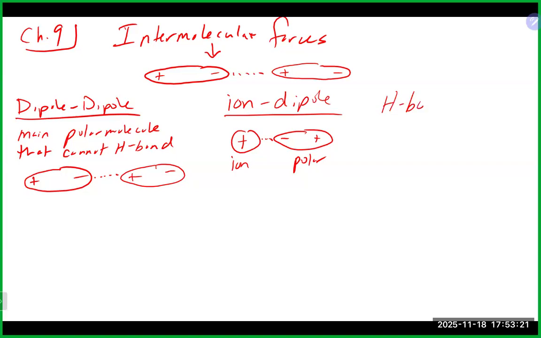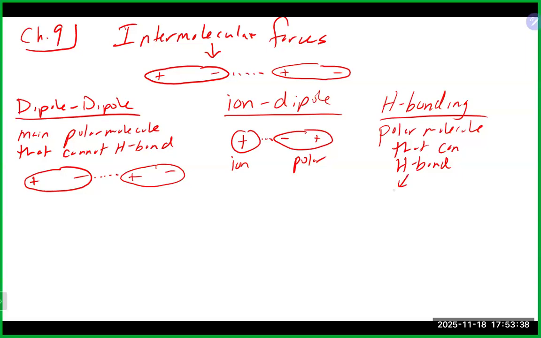We also talked about hydrogen bonding, and that is the main type of interaction for polar molecules that can hydrogen bond. So remember that in order to hydrogen bond, you do need a bond between hydrogen and some electronegative atom like nitrogen, oxygen, or fluorine.